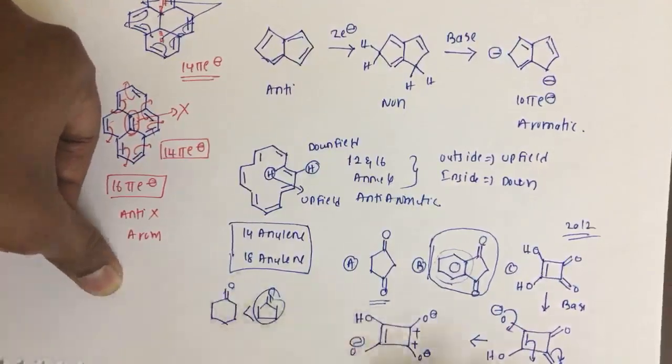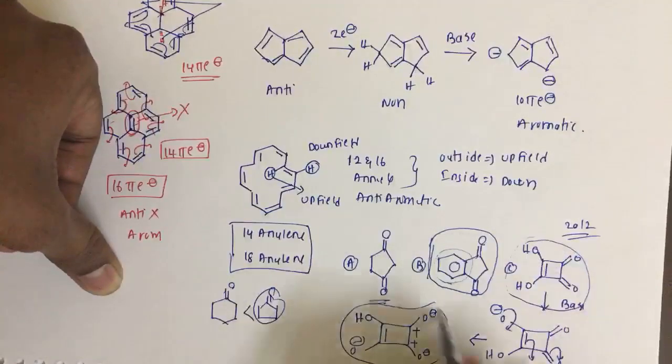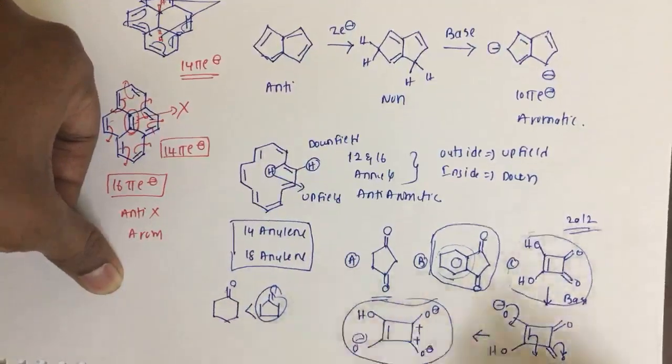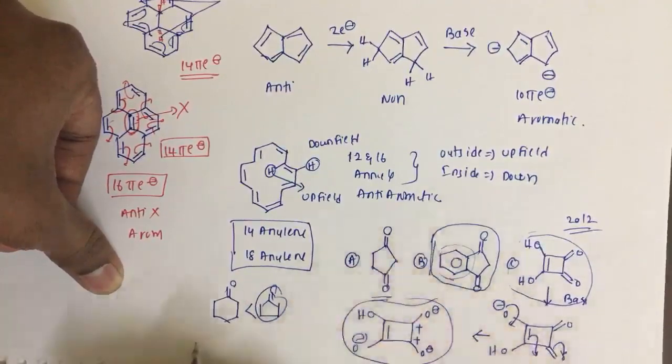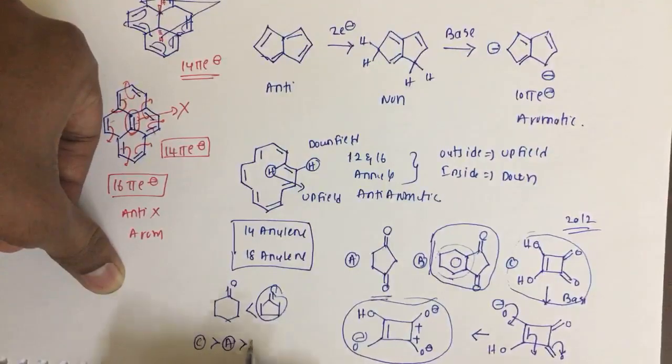Here also it's aromatic, here also it's aromatic. The only thing is the hydroxy protons are there, they are more acidic. So more acidic will be C, then A, then B.